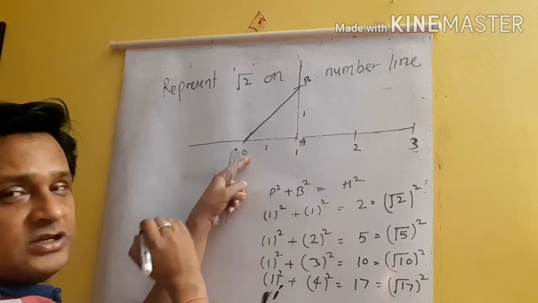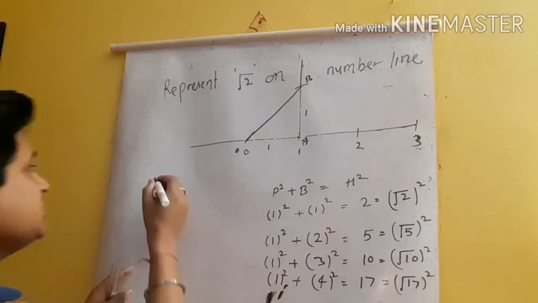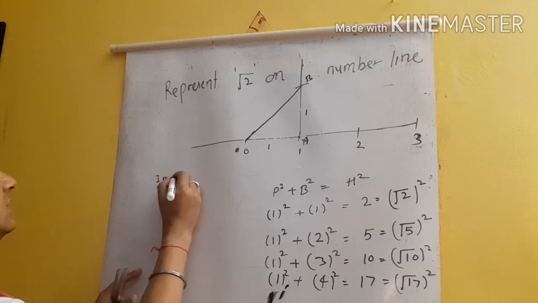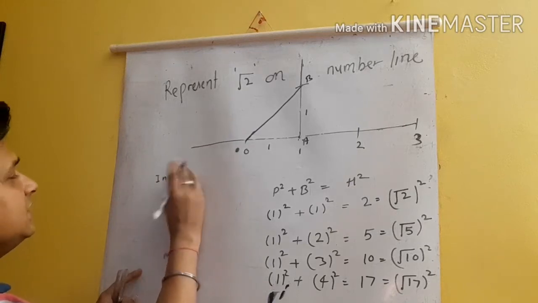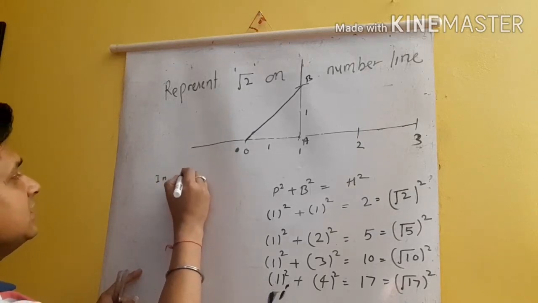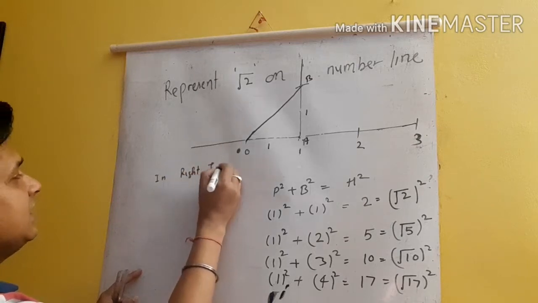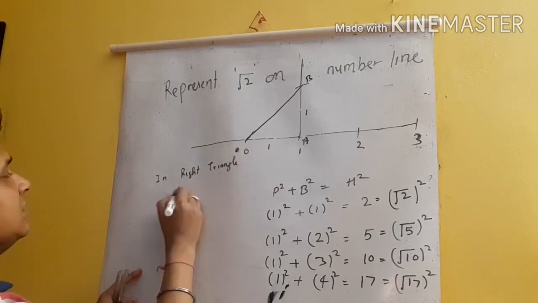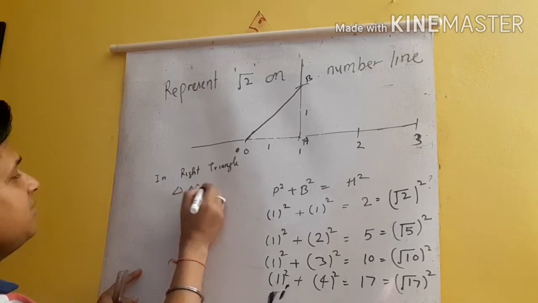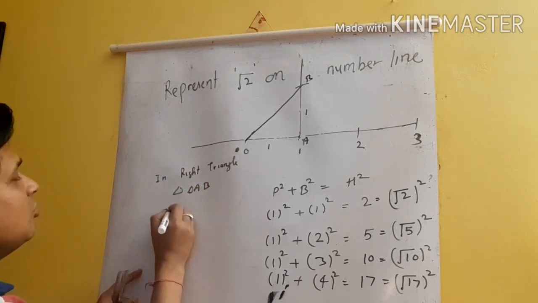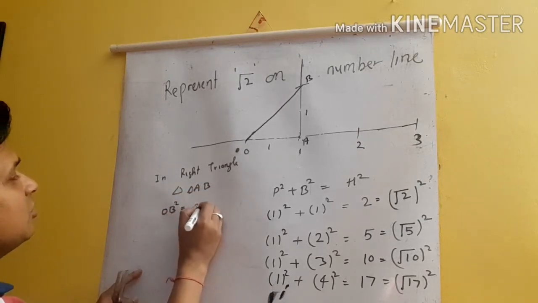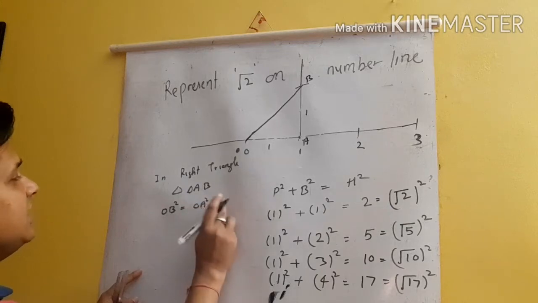This is 1 unit. So when you will apply Pythagoras theorem in right triangle OAB, what will be Pythagoras theorem? OB square is equal to OA square plus AB square.